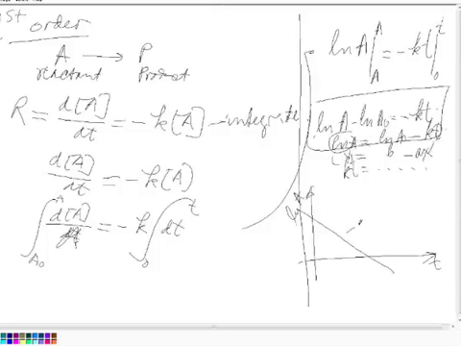The slope is equal to minus a, and that is minus k, the rate constant. And here is the value of b, and that is ln A0.